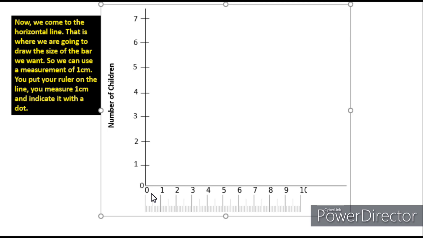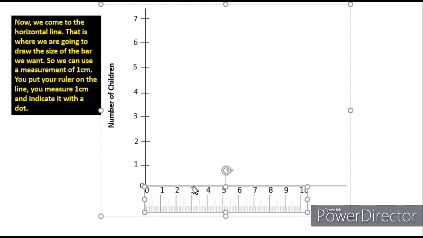It is very important. Okay, so now from 0 to 1 is 1 centimeter. You are going to indicate it with a dot, so you put a dot here. From 0 to 1 you put a dot here to indicate it. Then from 1 to 2 you put another dot.